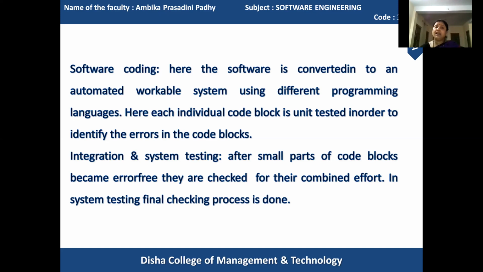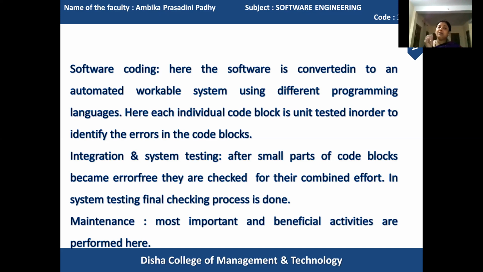Got it? Then in the maintenance part, we get the other benefits of the system, whether the system is highly optimal and upgradable, so that the software is not going to be closed after some time, it can be upgraded. Those are identified here. But in the case of your classical life cycle model, the present situations can be controlled.